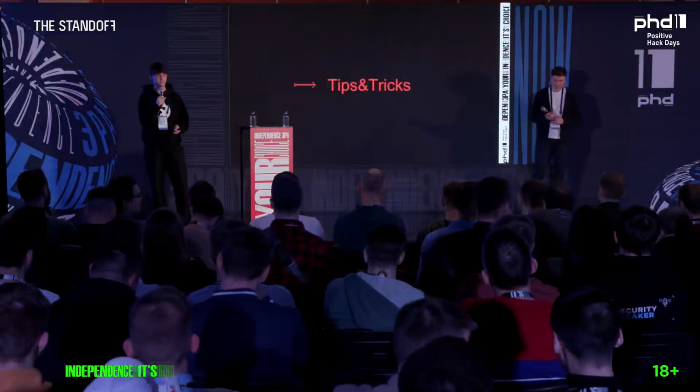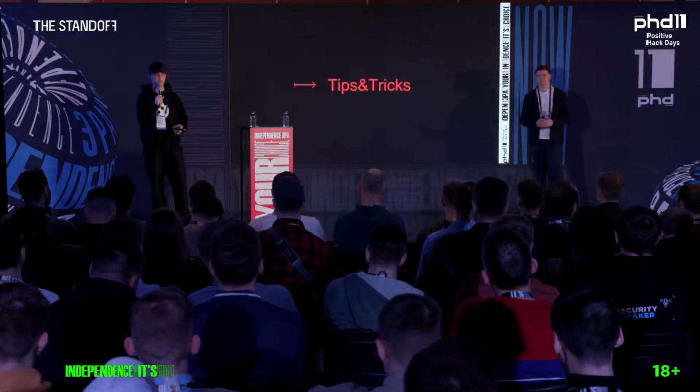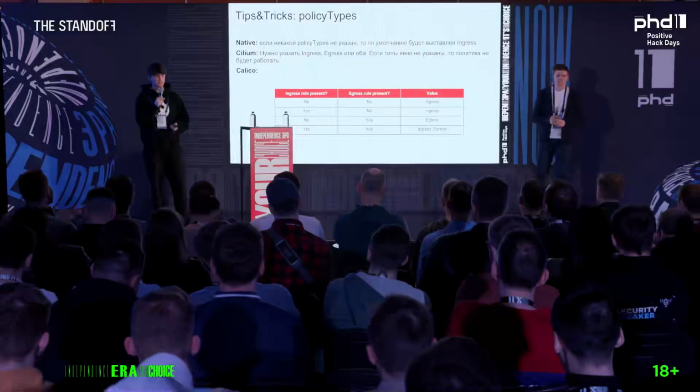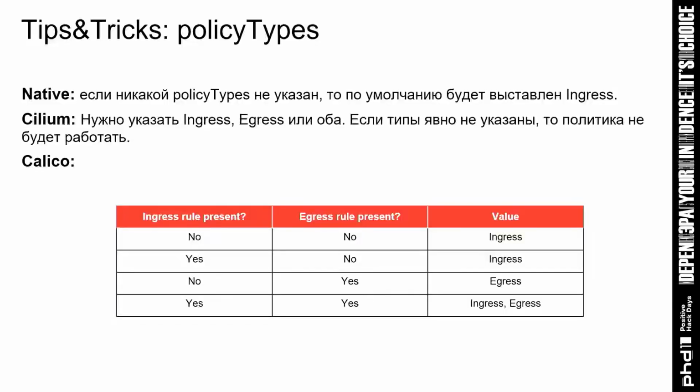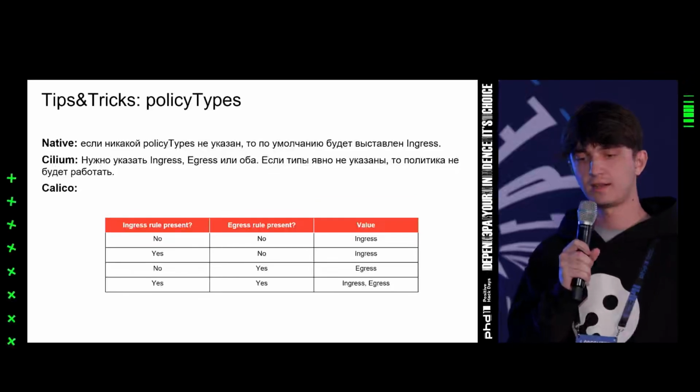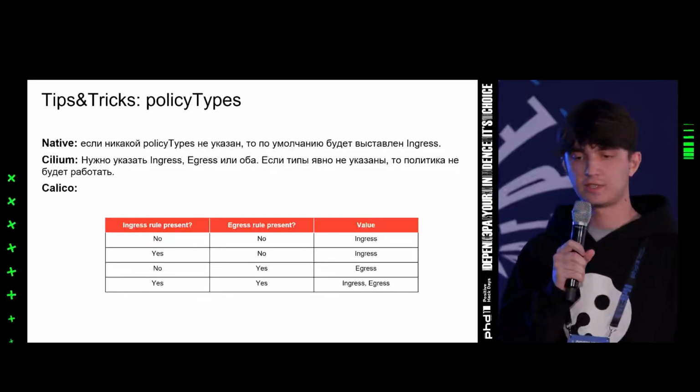Next I'm going to talk about tips and tricks when using network policy. By default, you can go with ingress rules and egress rules, inbound, outbound. If you don't do it explicitly, then by default it would be ingress. The same goes for Calico.